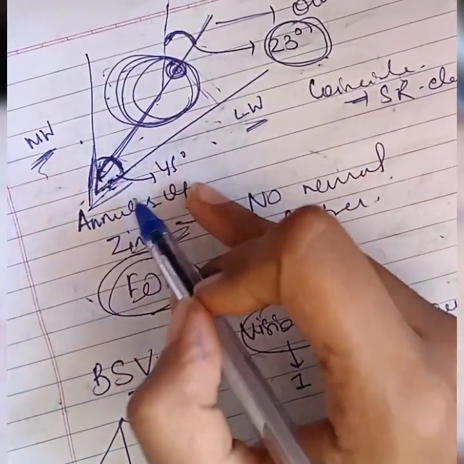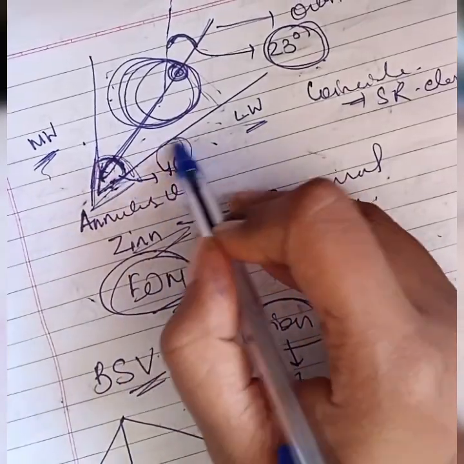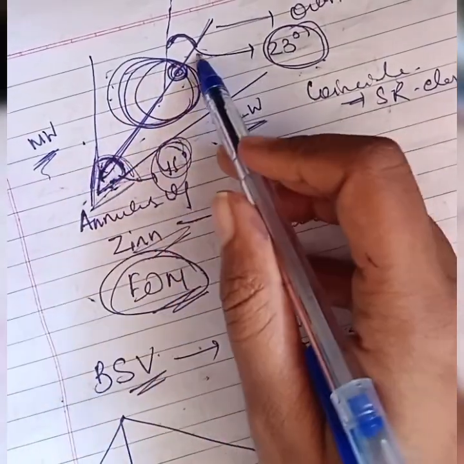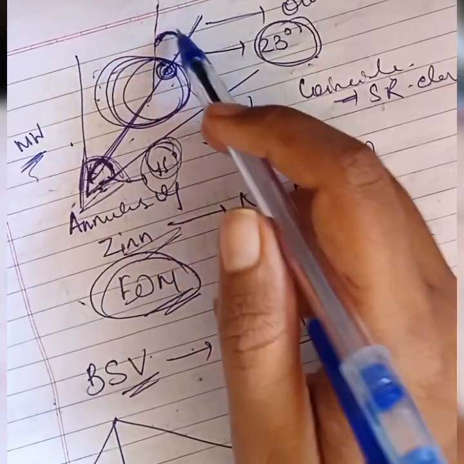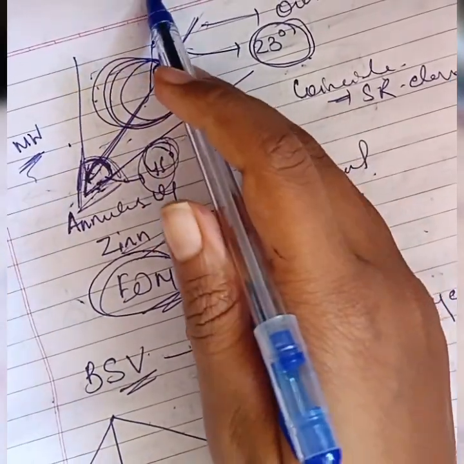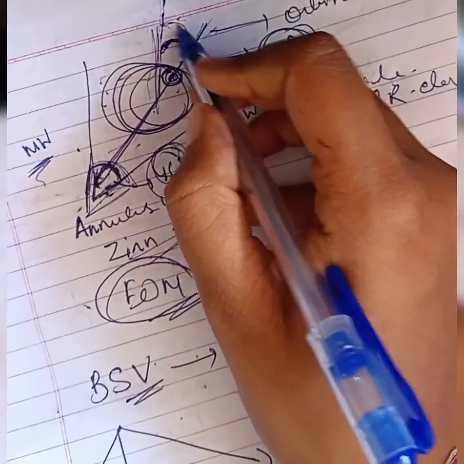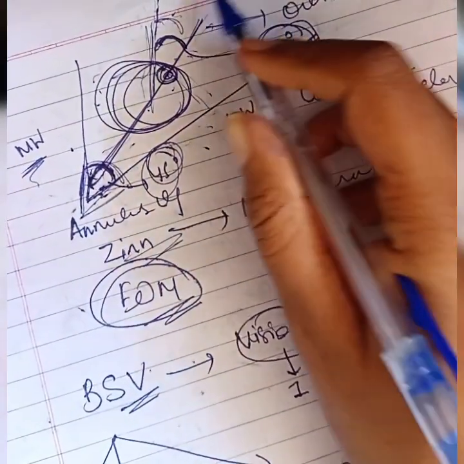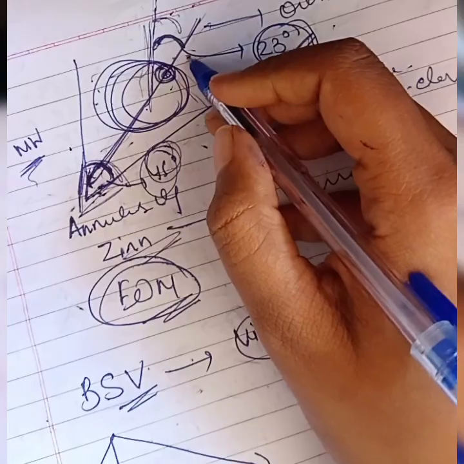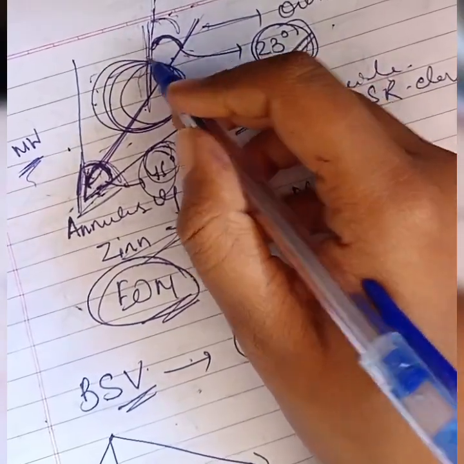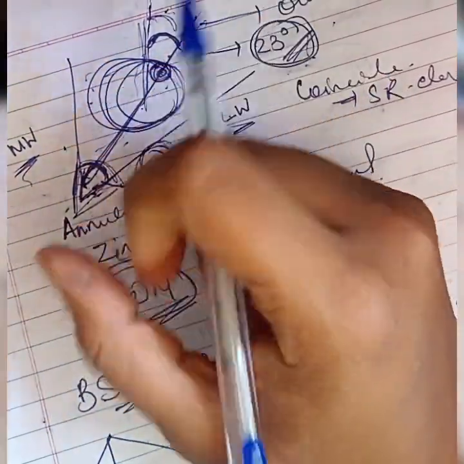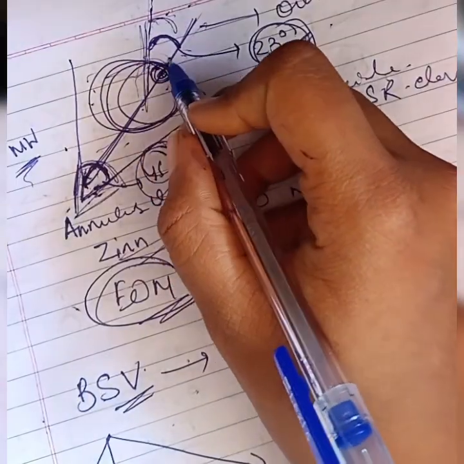Between your lateral wall and medial wall a 45 degree angle is there, and this is your orbital axis, and now the visual axis, when the eyeball straightens like this, then there is an angle of 23 degrees formed between the visual axis and orbital axis. So because of this 23 degree angle, your intorsion, extorsion and all other actions can be done.